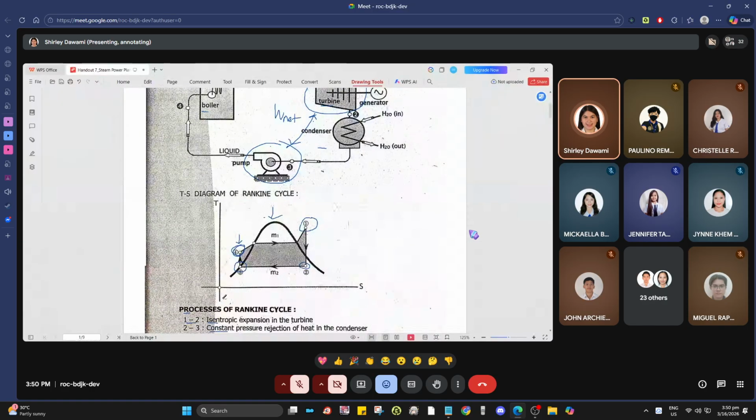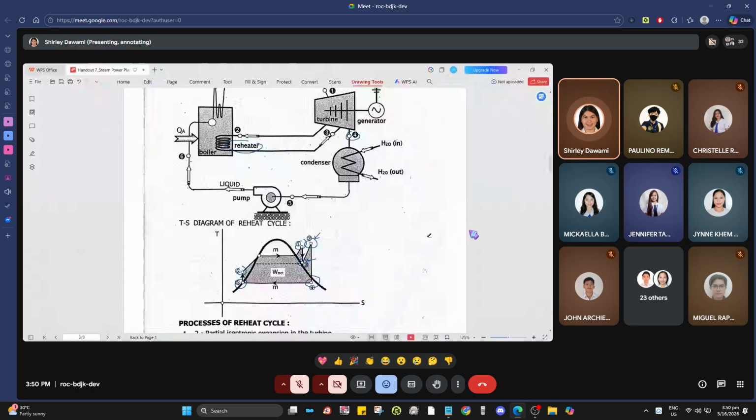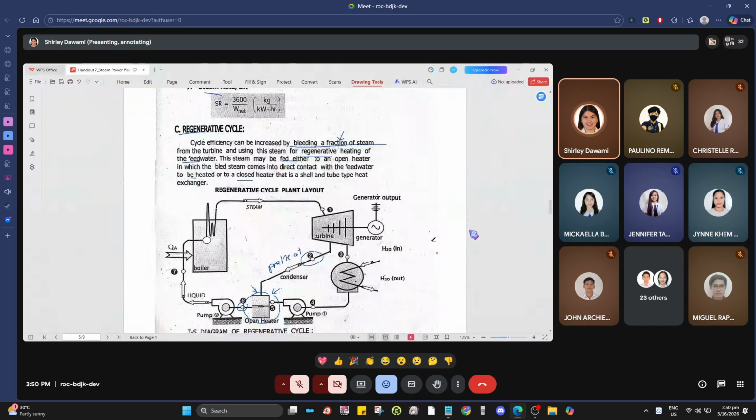Compared with subcooled liquid, the heat energy needed to turn saturated liquid into steam is smaller. So that is one advantage of the regenerative cycle.